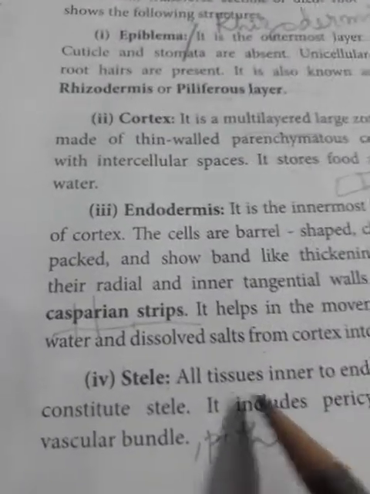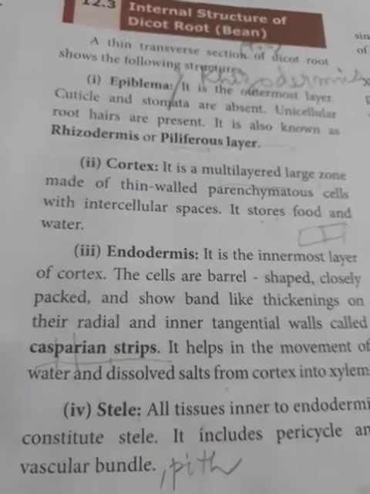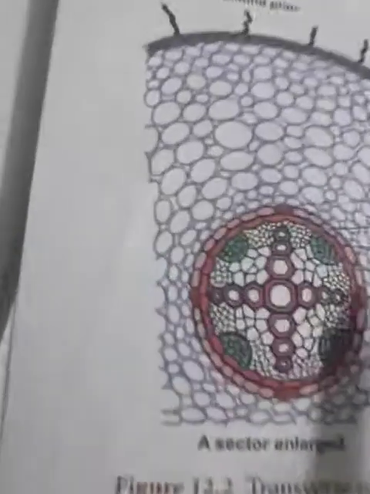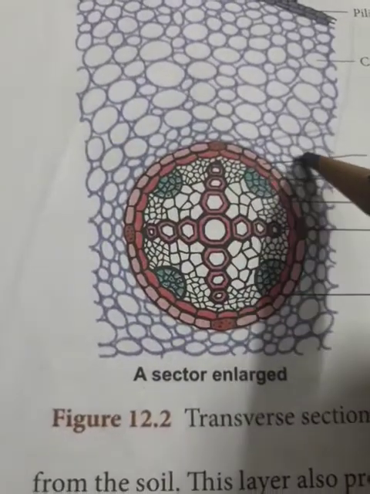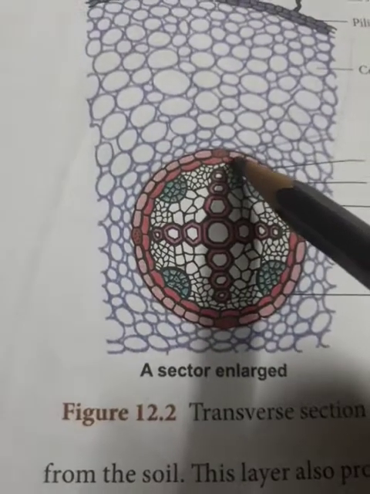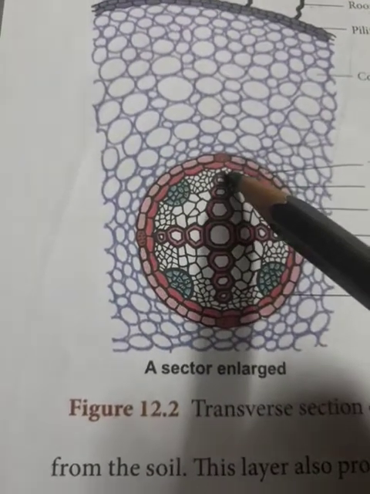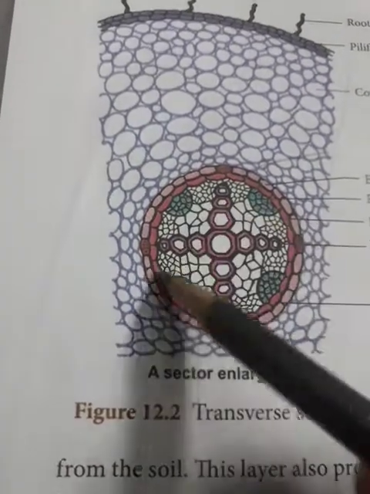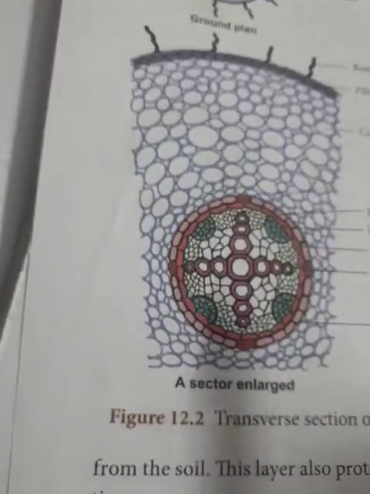Now the fourth part is called the stele. All tissues inner to the endodermis. I told you this pink color layer is called the endodermis. From the saffron color onwards, inner to the endodermis, whatever structures are present, together they are called the stele.